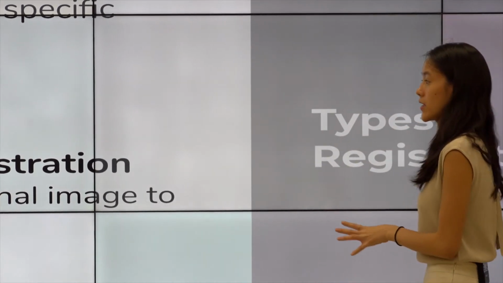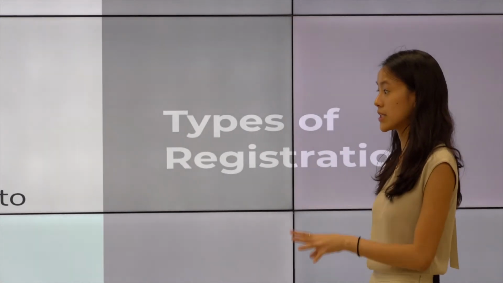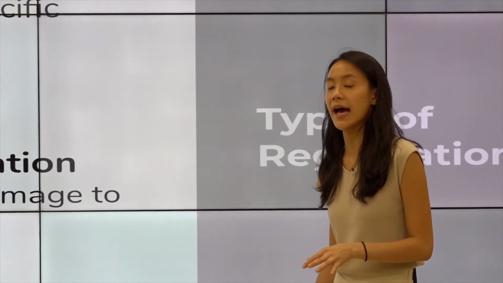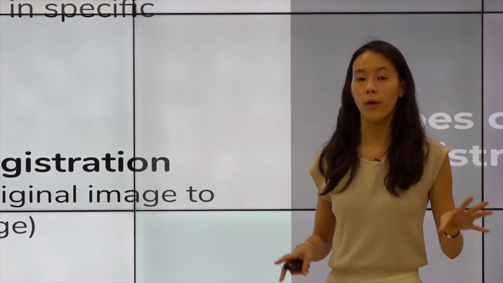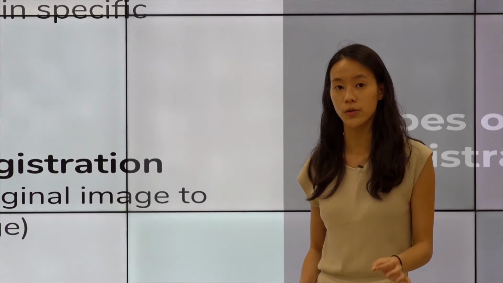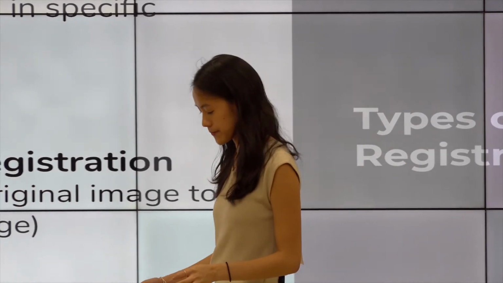The feature-based registration actually compares the positions of the original image to the other image. So I would like to view this as a more overall. So what ends up happening is that we're viewing the entire image during registration as opposed to a single pixel.